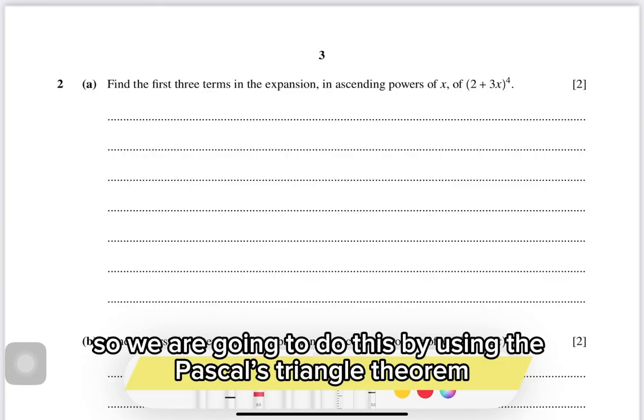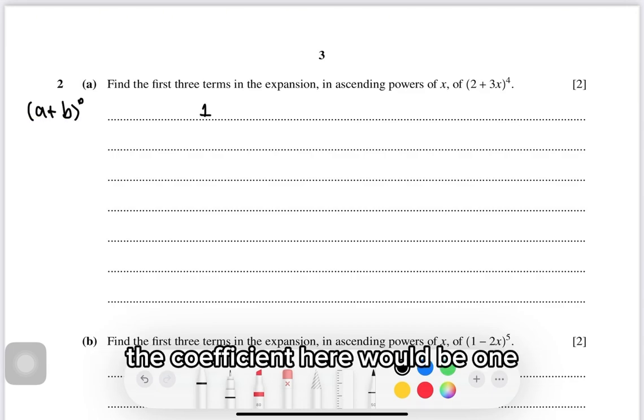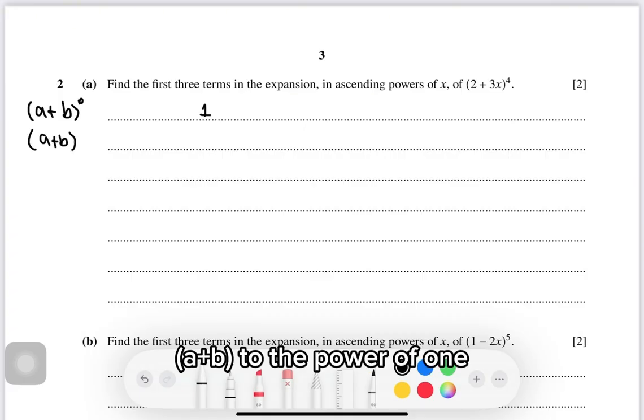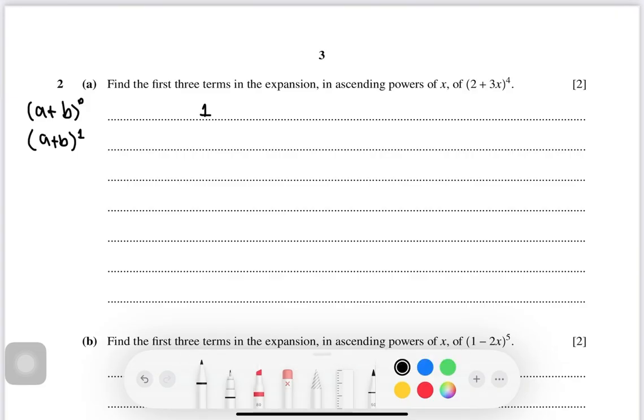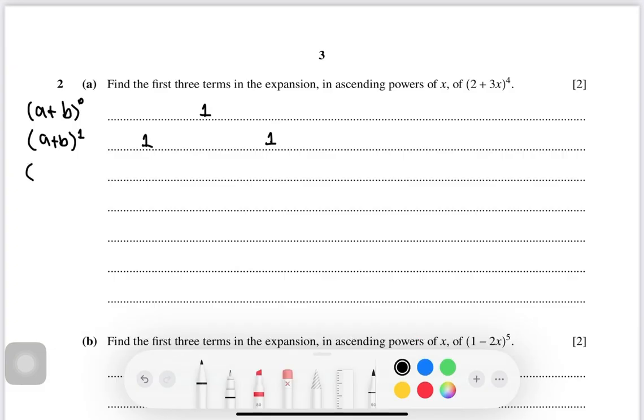So we are going to do this by using Pascal's triangle, which is: if (a + b) to the power of 0, the coefficient here would be 1. (a + b) to the power of 1 gives us two terms with coefficients of 1.